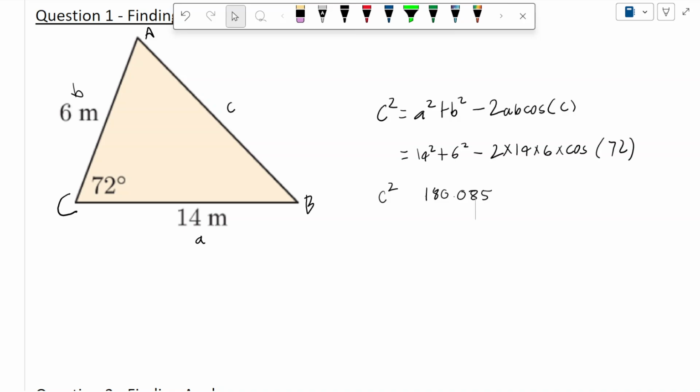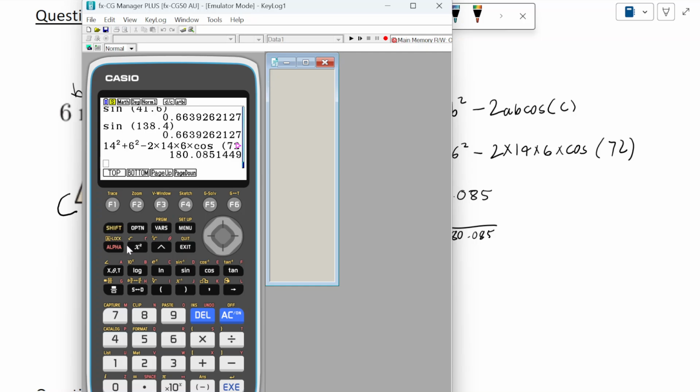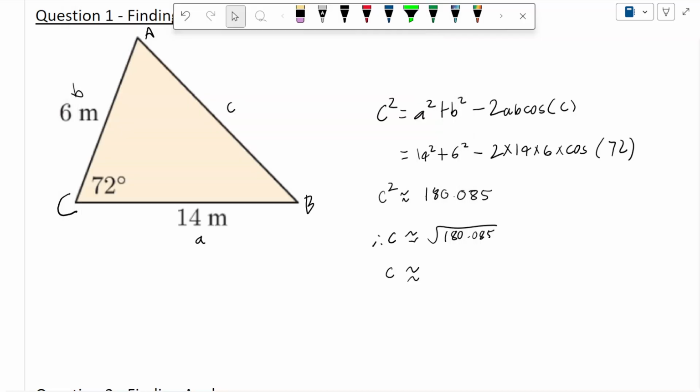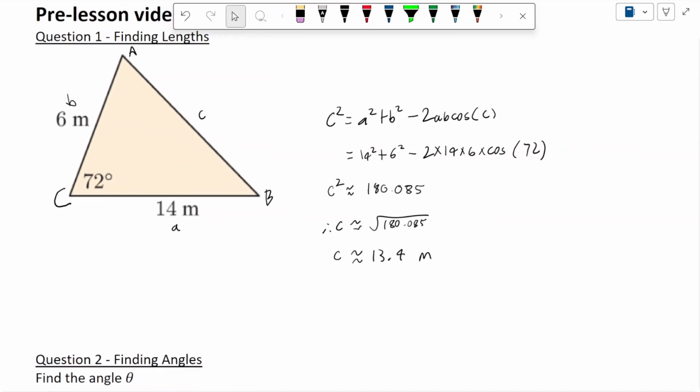Now I should use an approximately equal sign. So therefore C is root 180.085, which is roughly, and we can work out what that is. So if we take the square root on our calculator, you can go square root and then put in shift answer. So it uses the full version, 13.4 meters. And that's how we use the cosine rule.